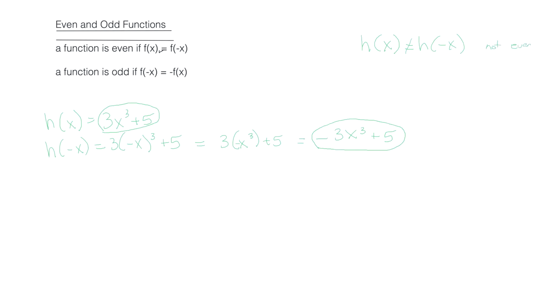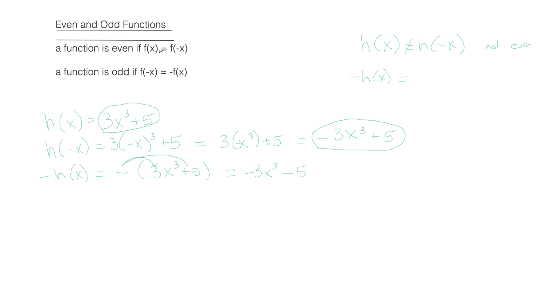And now let's check for odd. Odd would be minus what I have for h of x, which is distributing this minus sign to the minus 3x cubed and to the 5. So minus h of x.